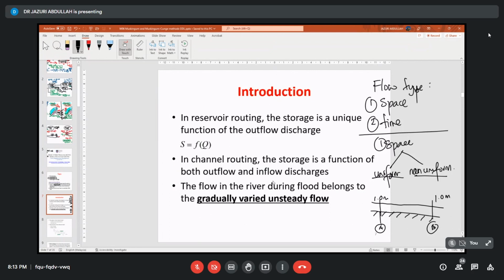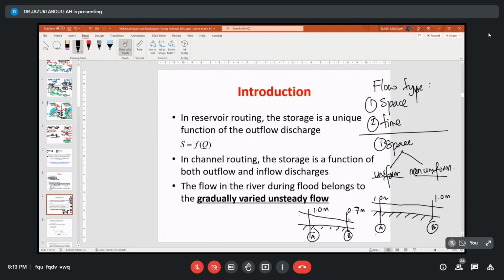But if you go from point A to point B and the water depth is decreasing, let's say 1.0 meter at point A and 0.7 meter at point B, then the water depth is not constant throughout the channel. Longitudinal meaning that you have from upstream to downstream.